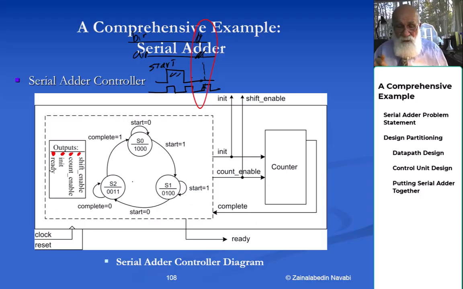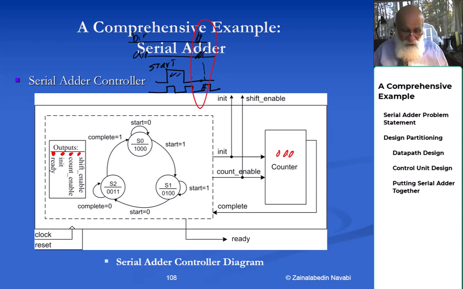And therefore, I have a counter on the side. The counter on the side gets initialized when my state machine on the left hand side is in state 1. When I'm in state 2, I start with 0 in my counter. 0, 0, 0.